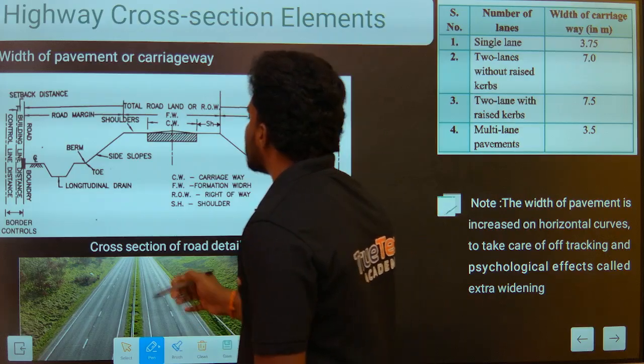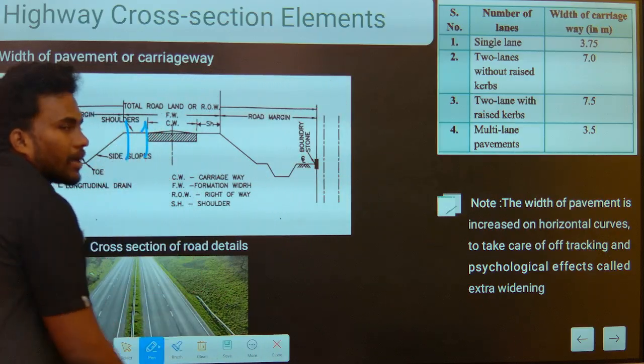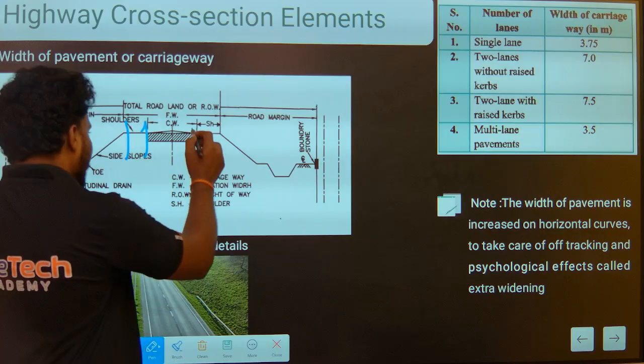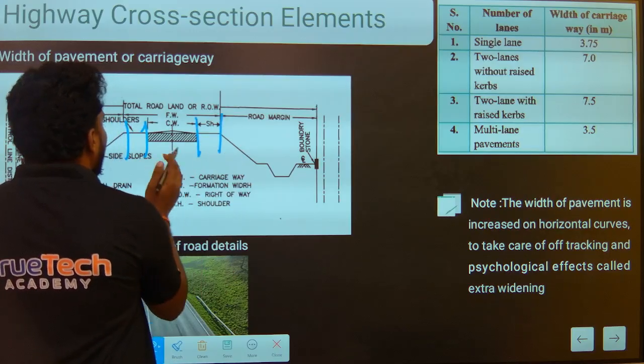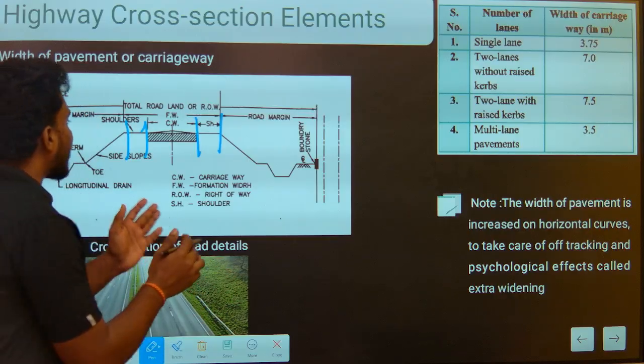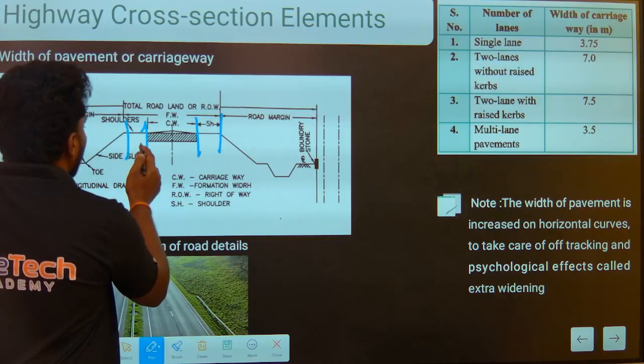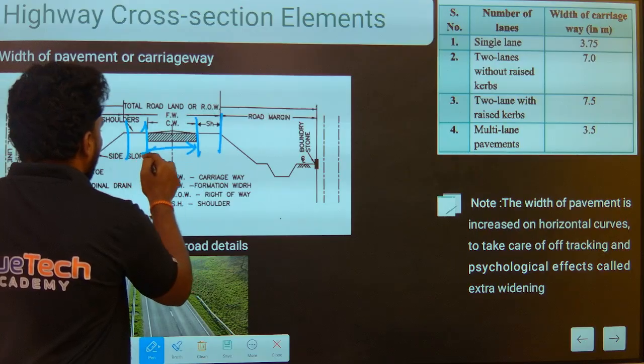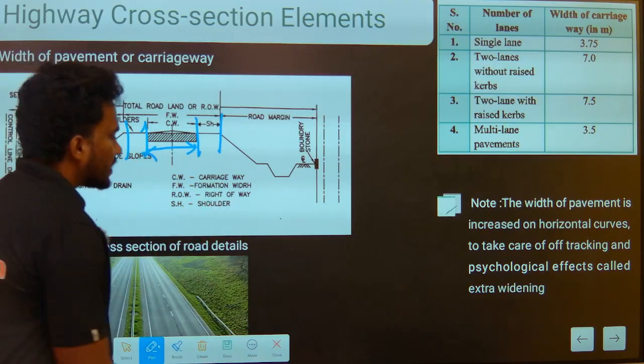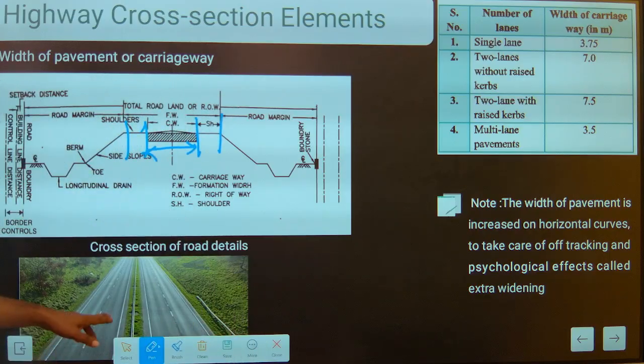And another one is the shoulders. The shoulders are constructed on both sides of the pavement, both sides of the carriageway. Let's see the main image.